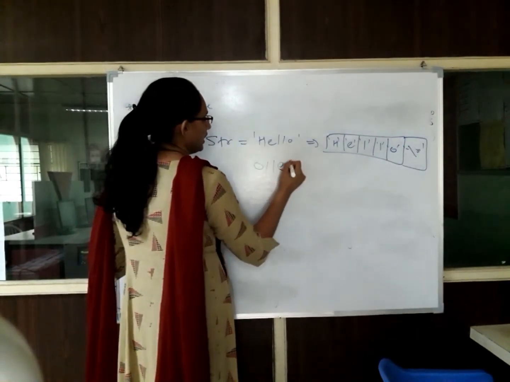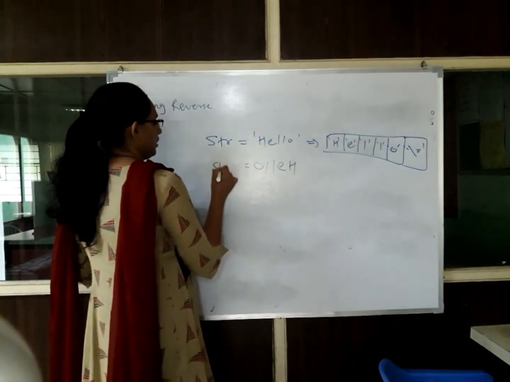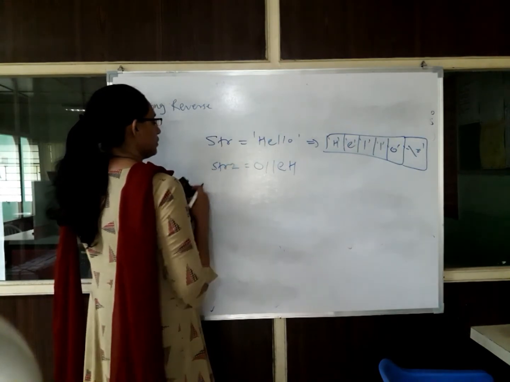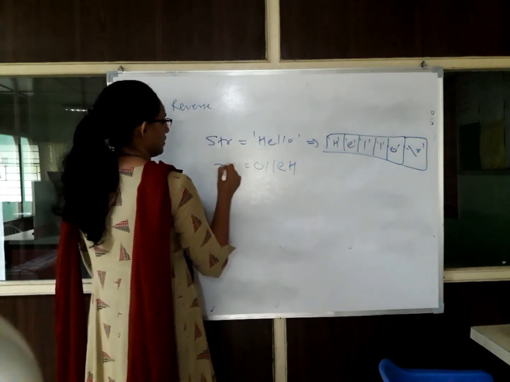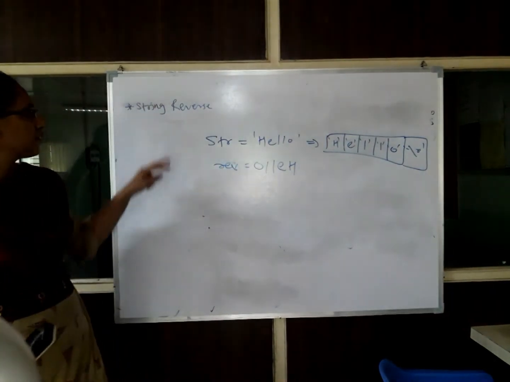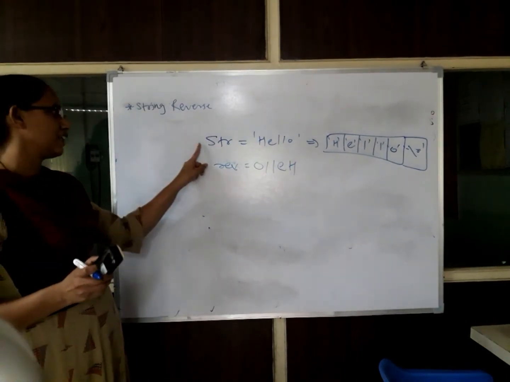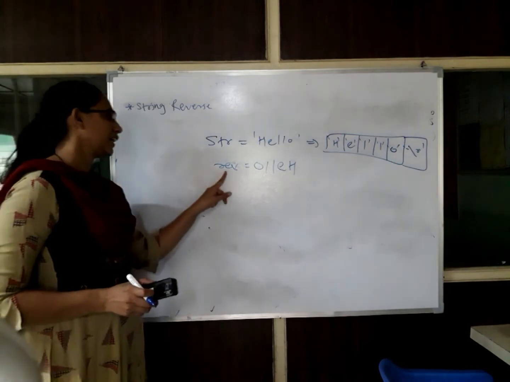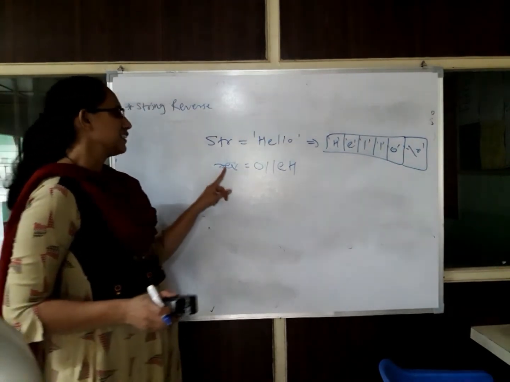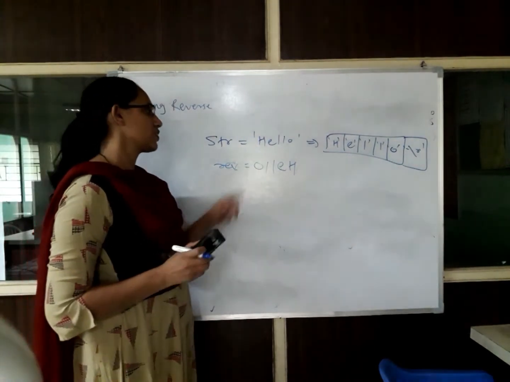OLLEH. This is string 2 or reverse. So to reverse the string we need two character arrays. One is the input and the second is the resultant reverse string.